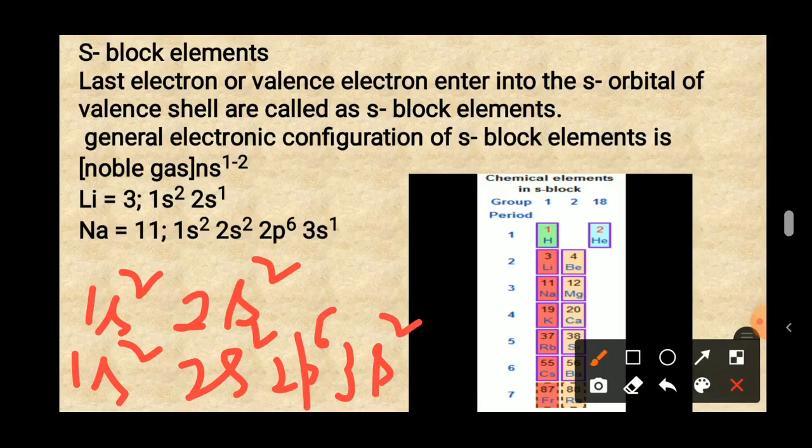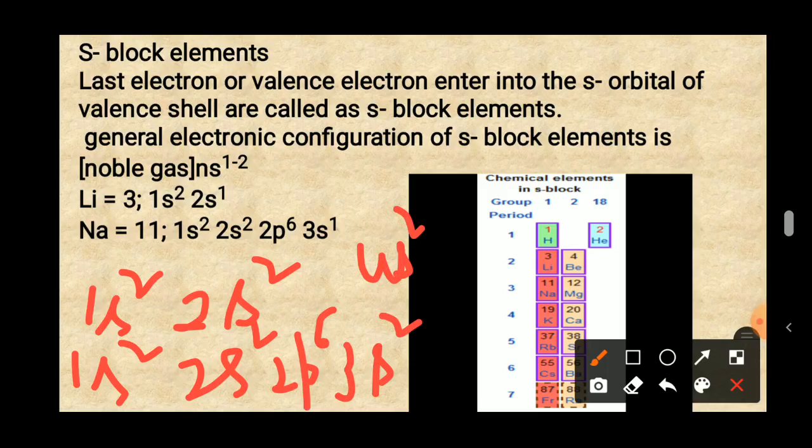For calcium, the last outermost shell gives 4s2. The same way for strontium. So it will come like that only: 2s2, 3s2, 4s2, 5s2, 6s2, 7s2.